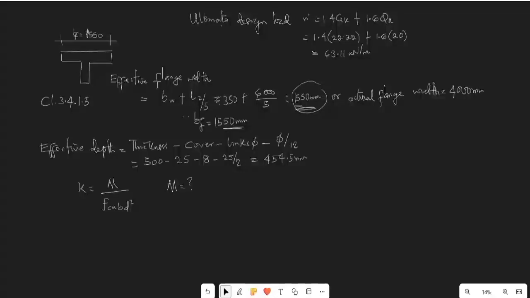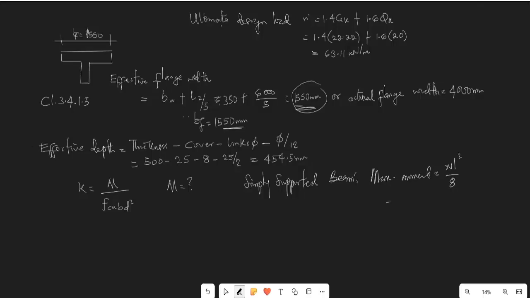So how do you think we would obtain our moment? Everybody knows for every simply supported beam, the maximum moment is WL squared all over 8.